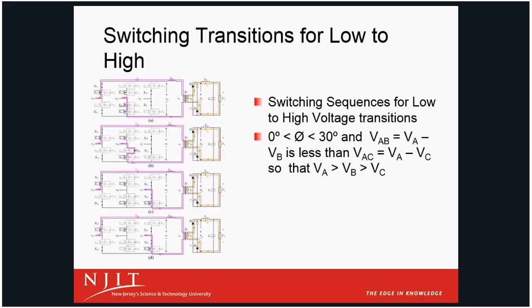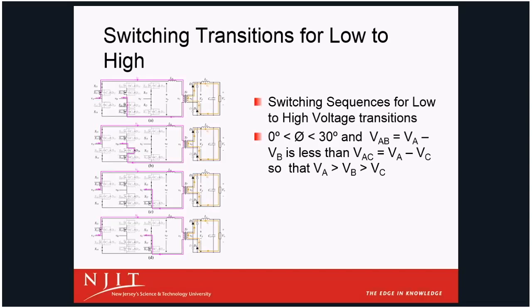And then before the start of the transition, you will have switches 11 and 16 on to generate your active vector, to give you, as I mentioned, VAB across the voltage across the transformer primary. The next step here is you turn off switch 26, and then what happens is the current will commutate from switch 26 to the anti-parallel diode.